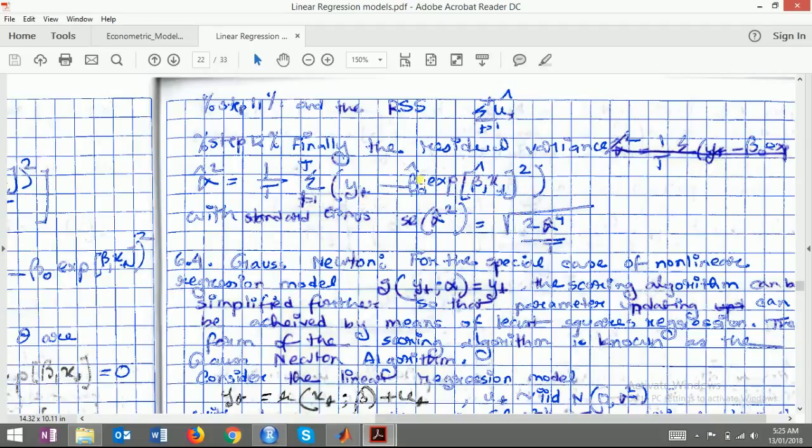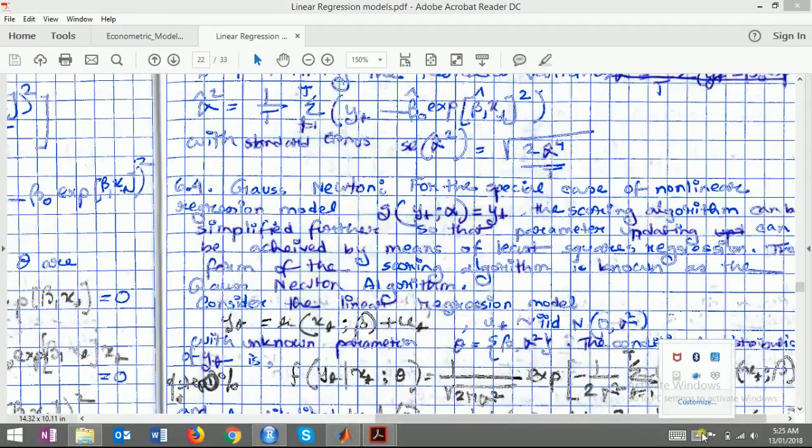Is there any change in the equation part? No, it remains the same. So with the residual sum of squares, we use sigma hat square to update this information. With standard errors, sigma square is equal to root over 2 sigma hat to the power 4 by t. Okay, the standard error is root over 2 sigma hat to the power 4 by t.